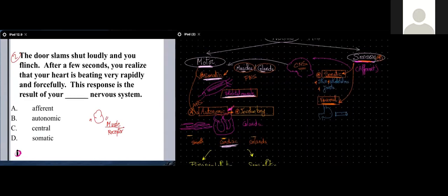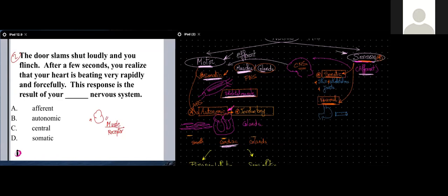So if I am sending the signal to the muscle, is it going to be a motor or sensory? An afferent or an efferent? You're sending out a signal. I'm sending out.